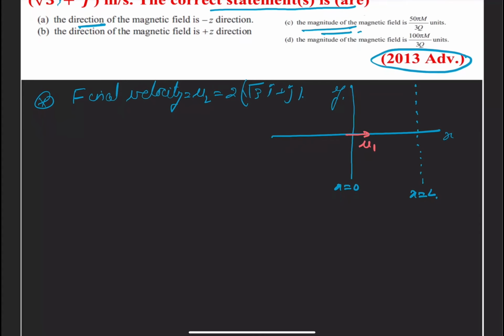And initially u1 is only having one component, that is the x component, whereas as it passes through the magnetic field there is addition of a j component, or we can say the particle was deflected.